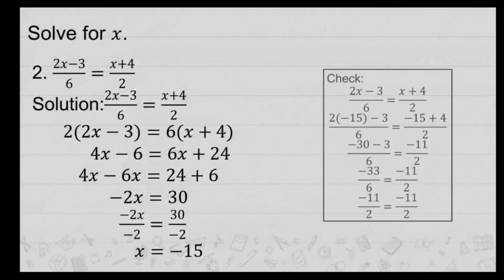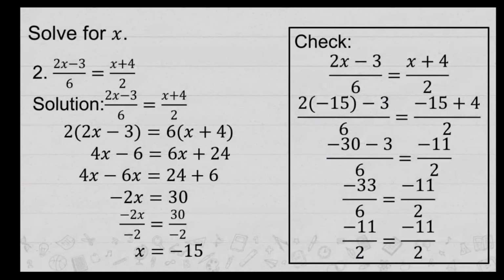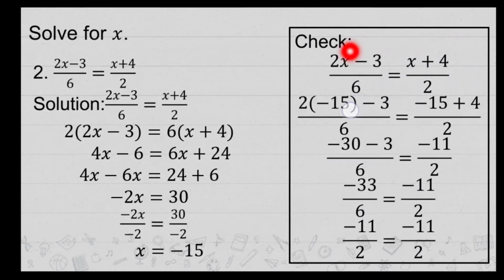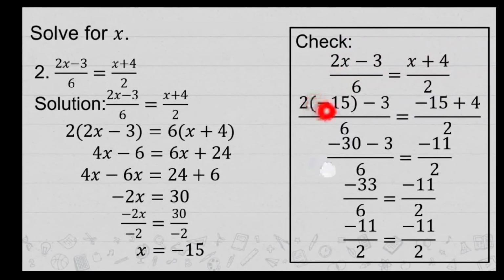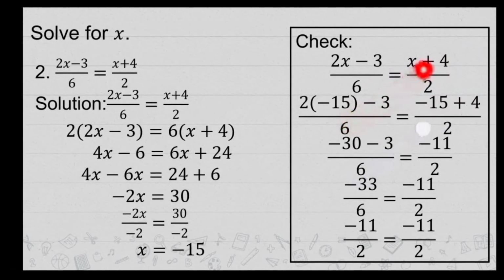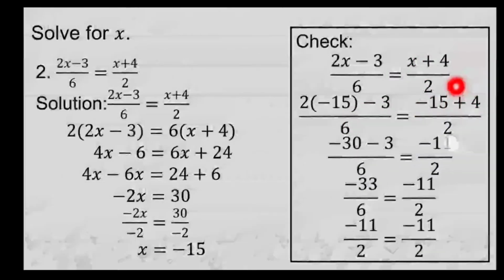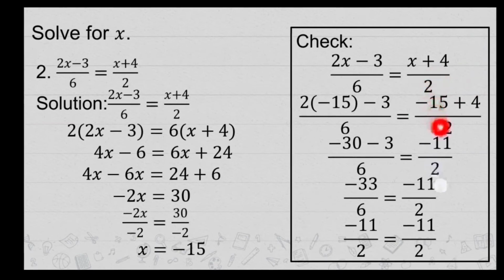But let's check if it is true. As you can see, we have to change this x to negative 15 and this x to negative 15. So we will be having 2x will become 2 times negative 15 minus 3, divided by 6. Then x plus 4 will become negative 15 plus 4, then divided by 2.